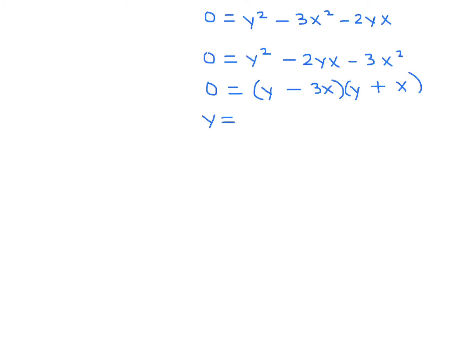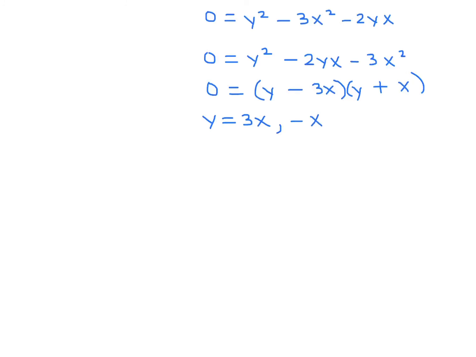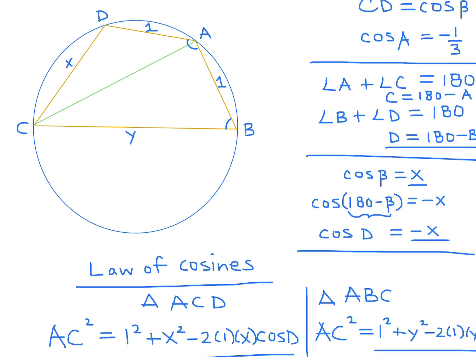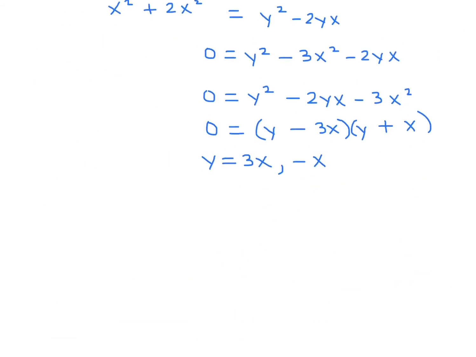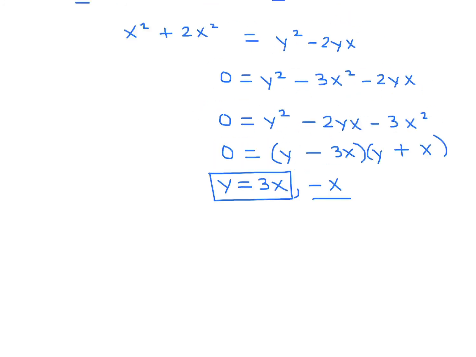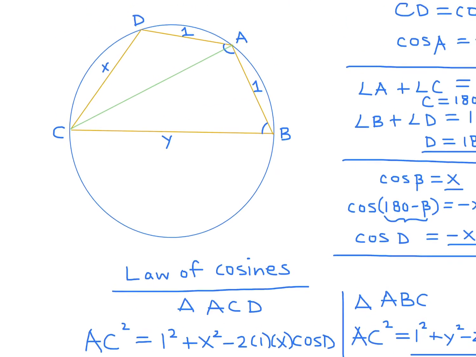So that basically means that y is equal to 3x, or y is equal to negative x. Now y and x represent distances, correct? If you look at the diagram, they represent the distances of CB and CD, respectively. So that means this one doesn't make any sense. y can't be a negative number. You can't have a negative distance. So the only thing that works is y is equal to 3x. All right? So let's go back to that diagram and put that in.